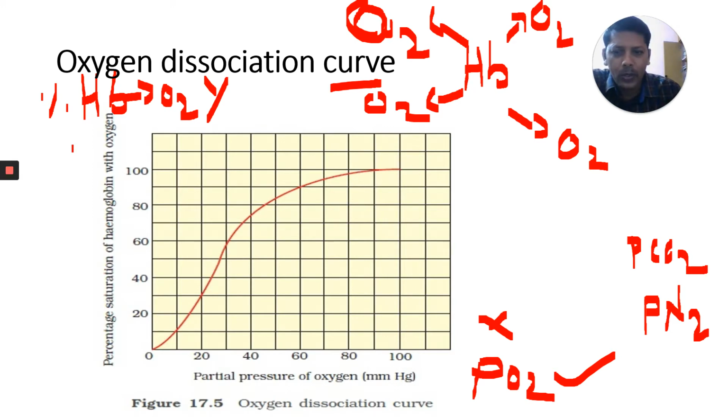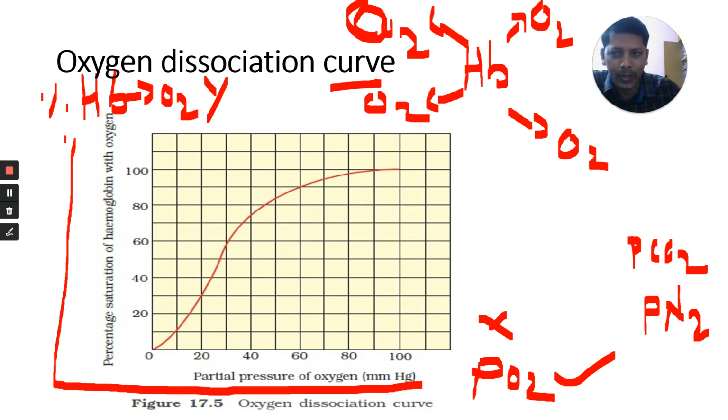On the y-axis we take the percentage saturation of hemoglobin, and on the x-axis the partial pressure of oxygen. When you plot a graph between these two, we obtain a sigmoid curve.